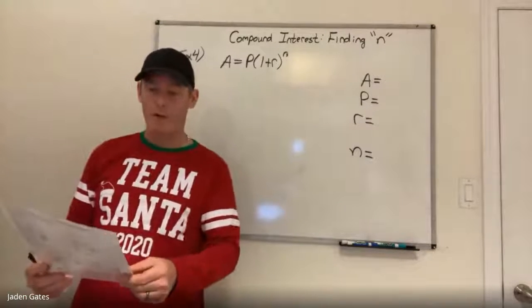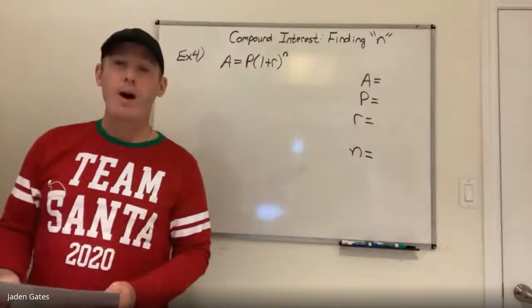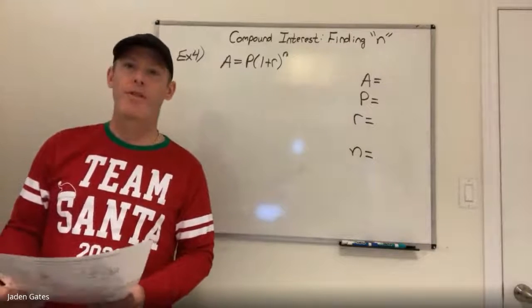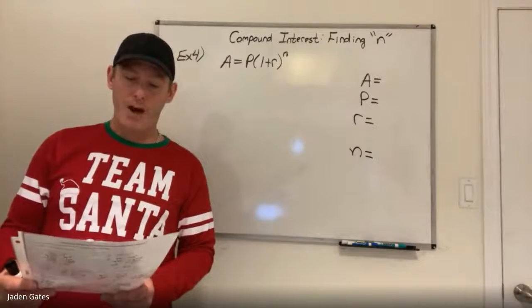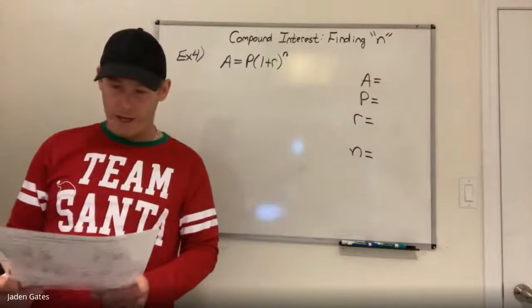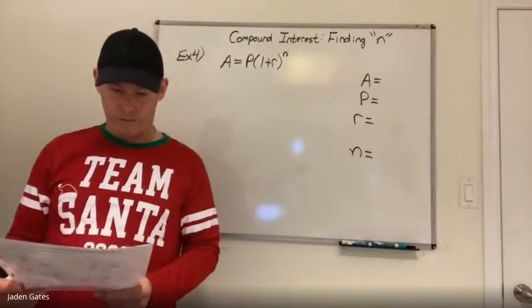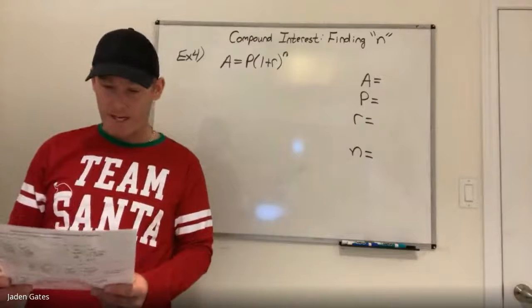Find how long it will take in years. So we got to convert everything in years at the end here. For $500 to amount to $7,500 at 7.5% compounded semi-annually. Wow, I got some typos going on there. All right, so that should be it.